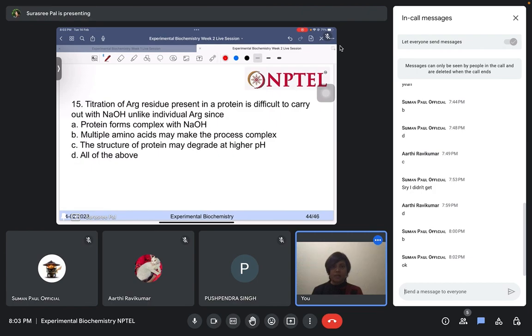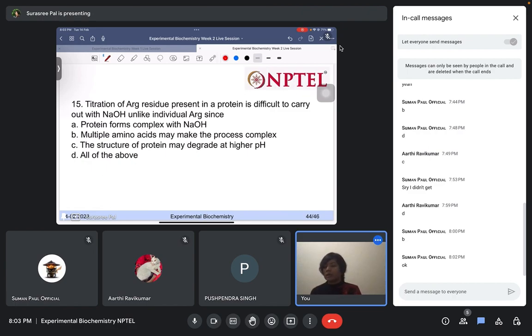when it is present in a protein, first of all, there are many other amino acids which make the process of determination of pI complex. And also when you have a protein, the structure of the protein might get damaged or affected at a higher pH.